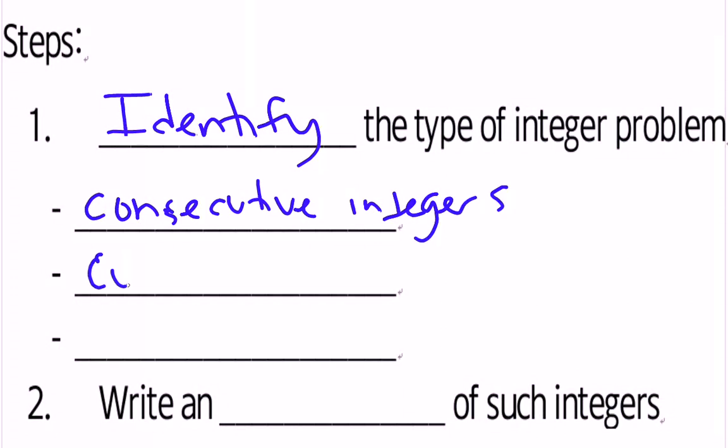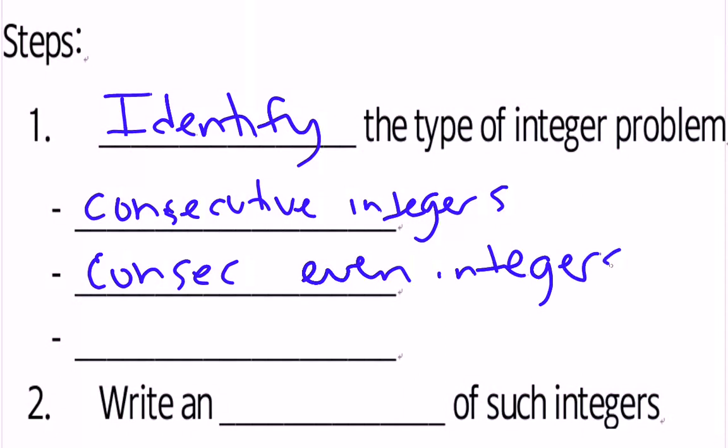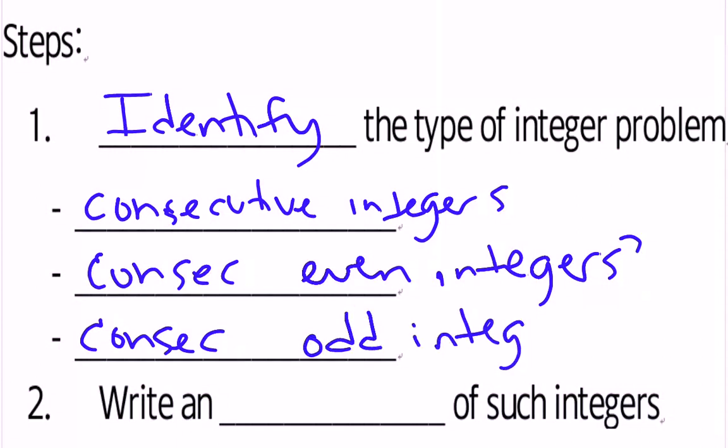Am I dealing with consecutive, and I'm going to abbreviate that, even integers? Or am I dealing with consecutive odd integers? Which of those am I looking at in my problem?